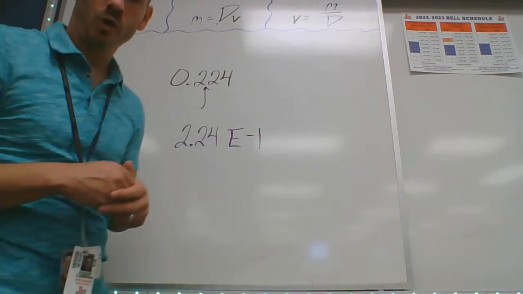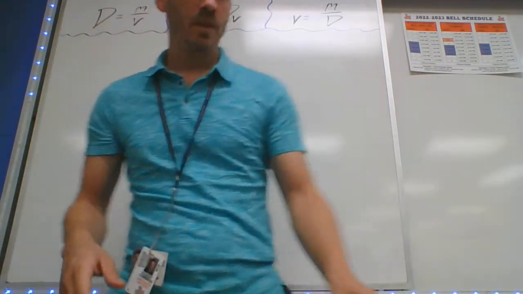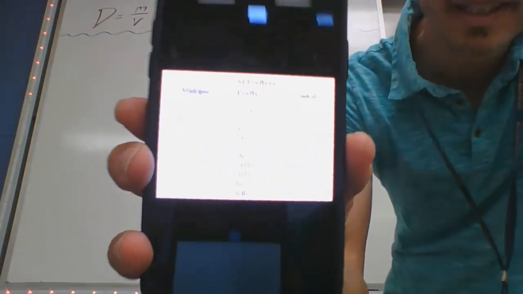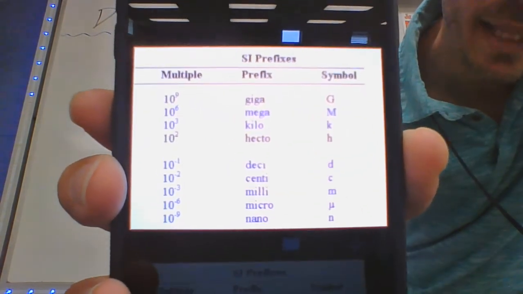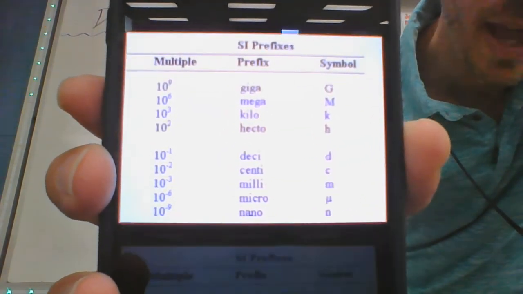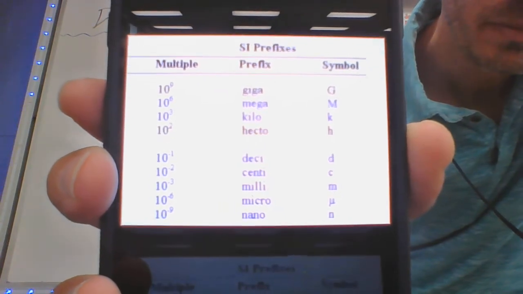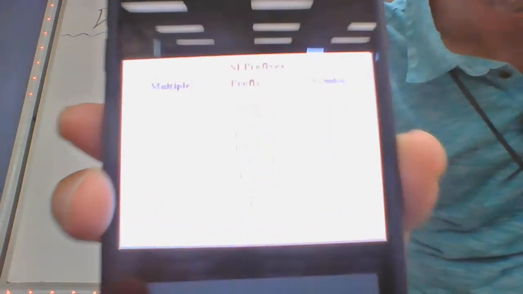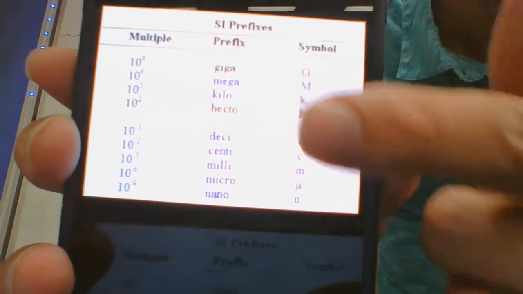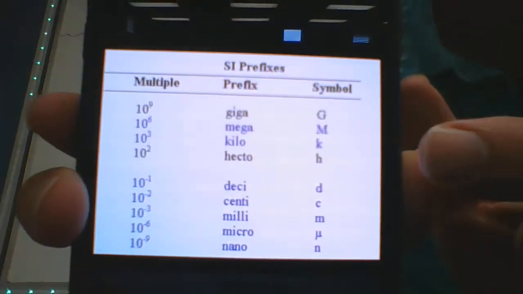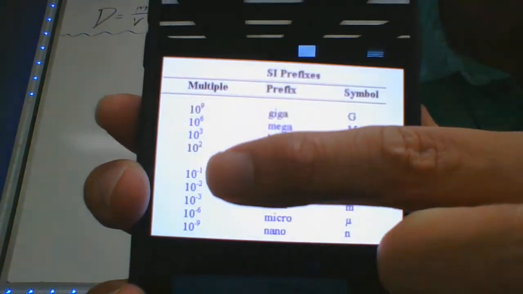The other item I want to address is unit conversions. Go ahead and pause the video and write this down or take a picture if you don't have access to it for whatever reason. I'm going to be referring to this picture, I'm not going to keep holding it up, is the prefixes that are over here and their connection to the exponents over here.